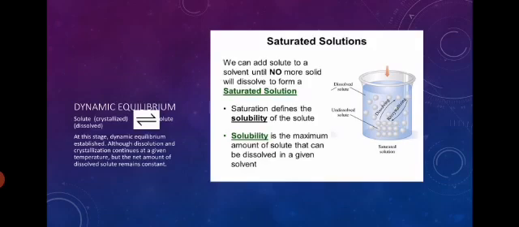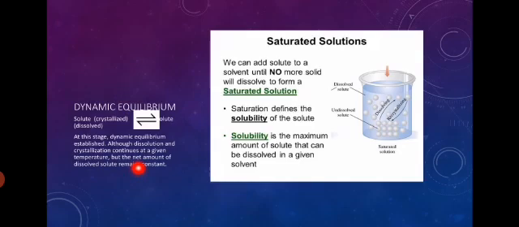At this stage, dynamic equilibrium is established. Dissolution, the formation of solution, and crystallization, where crystals are left behind, continue at a given temperature, but the net amount of dissolved solute remains constant.